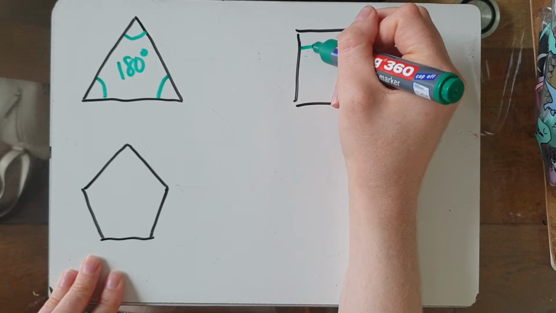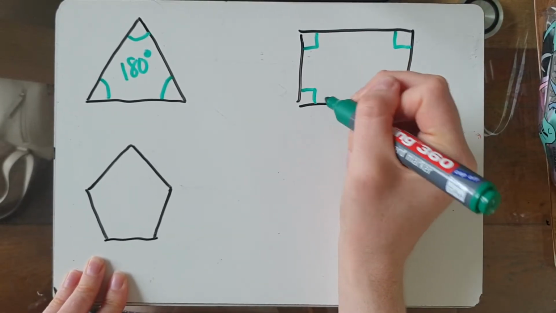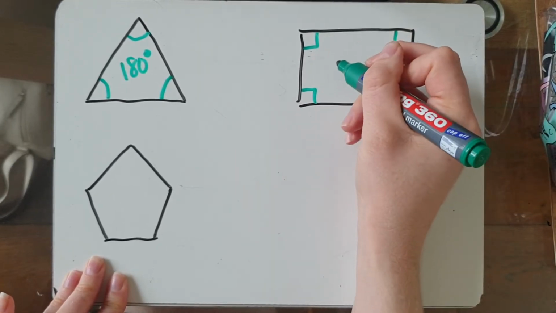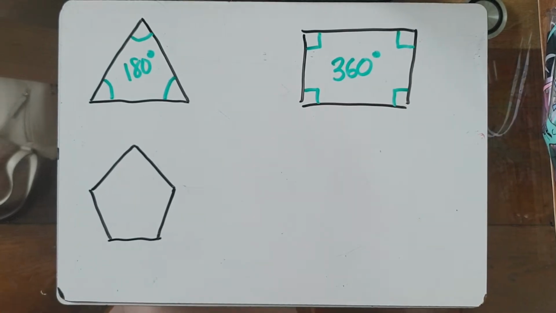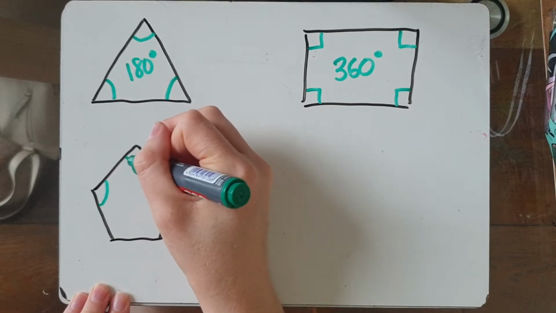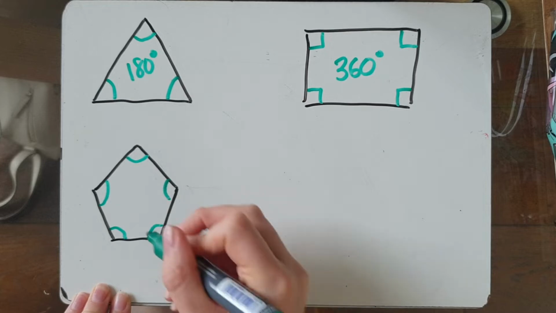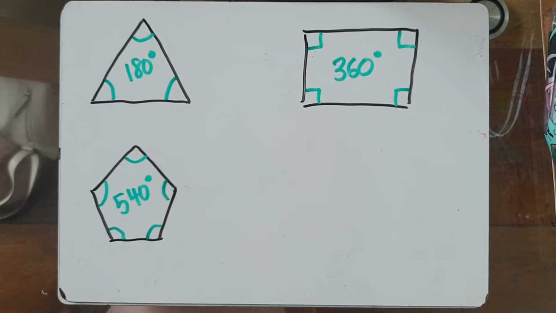The interior angles of this rectangle are again at all of the corners or all of the vertices, and in this case the interior angles add up to 360 degrees. And for this pentagon, again, is at the vertices or the corners of the shape, and in this case the interior angles add up to 540 degrees.